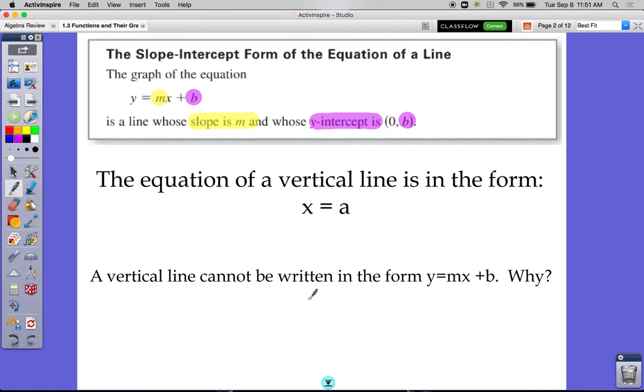Because y is not involved, we say that the slope is undefined. We can say it has no slope, but we cannot say that the slope is 0. That's a different thing. A slope of 0 is a horizontal line. A vertical slope you cannot climb. It is undefined.